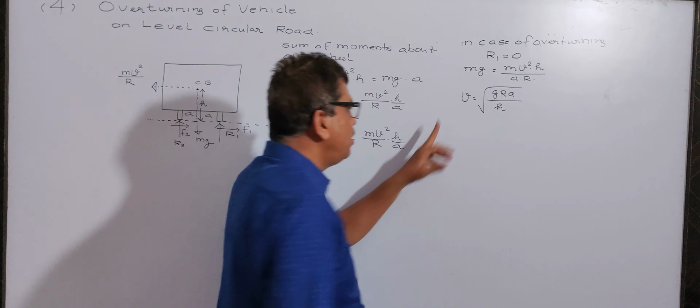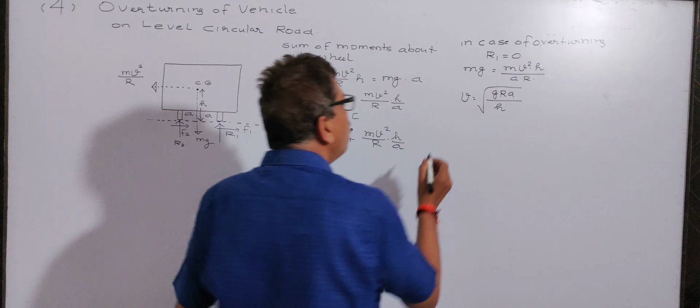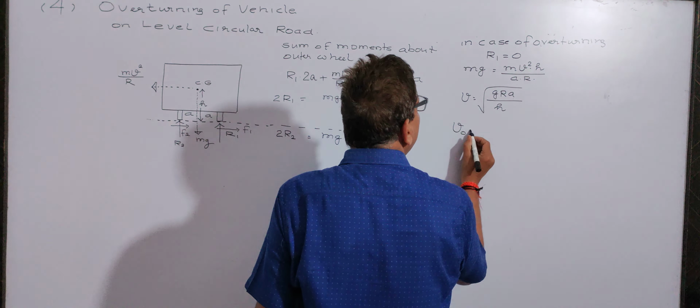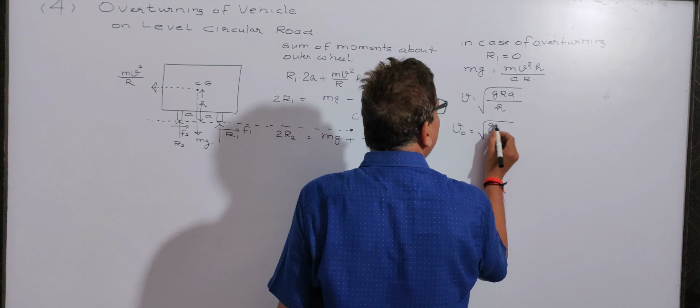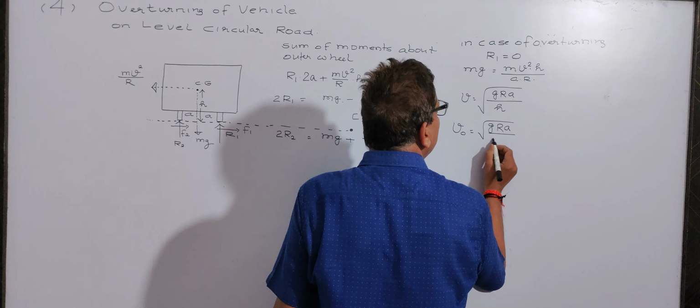So this is the overturning. So I can say the overturning speed is the square root of g r a by h.